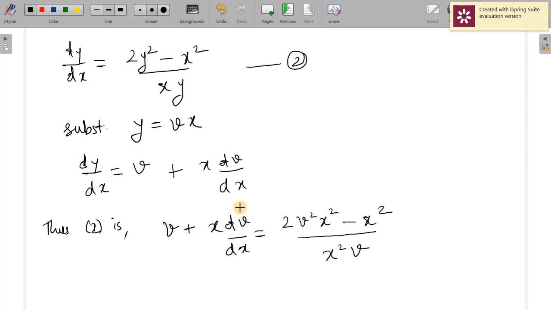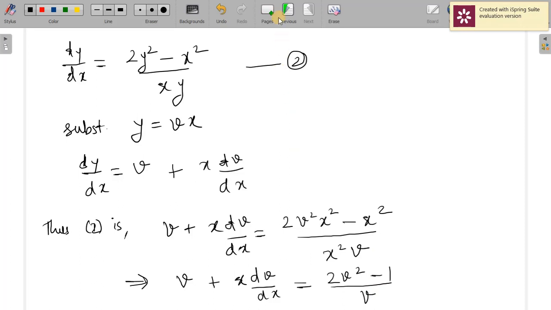Simplifying further, x² gets cancelled and we get v plus x dv by dx the same as (2v² − 1) by v.